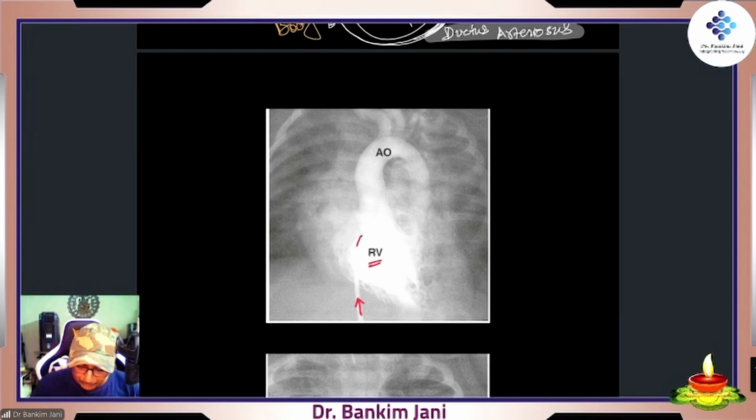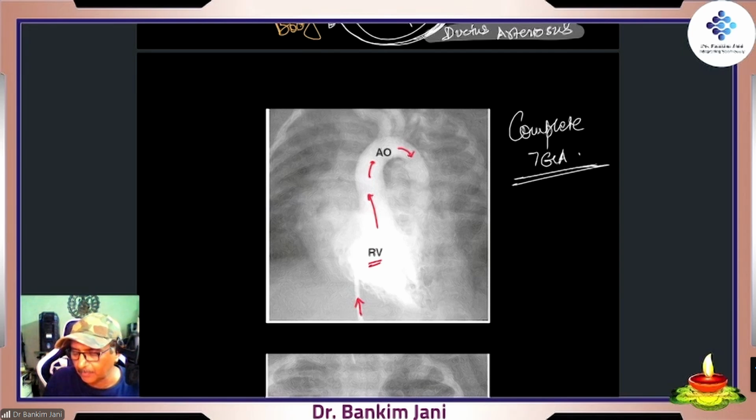So what we are watching is the contrast media, right? That is the contrast media. So we can see that this is the right ventricle, because in right ventricle we injected, and the dye is going all the way into the aorta. So one thing is clear, that we are dealing with complete TGA. Right. Then we saw that this one is left ventricle. No dye is going into left ventricle, because if there is defect, so then we'll be able to sharply, right, the white flow will be seen on the opposite side.